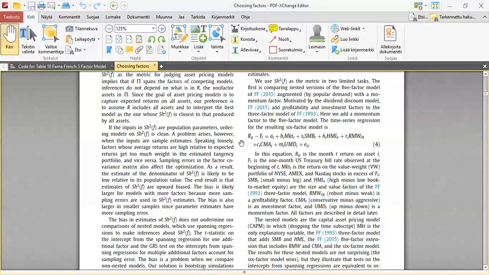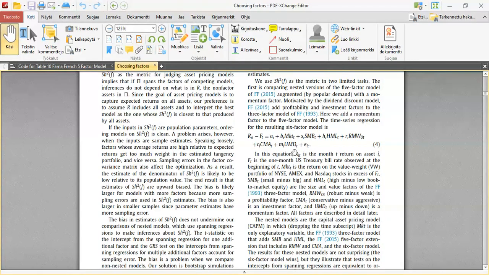We see on the left-hand side the return of portfolio i at time t minus the risk-free rate at time t, regressed on a constant, the intercept term alpha_i, where i denotes the portfolio or the asset, plus b_i times the market factor in excess form, plus exposure s_i against the size factor, plus h_i times the value factor, plus r_i times the profitability factor, where this O denotes operating profitability, plus c_i times the investment factor, plus m_i times the momentum factor.